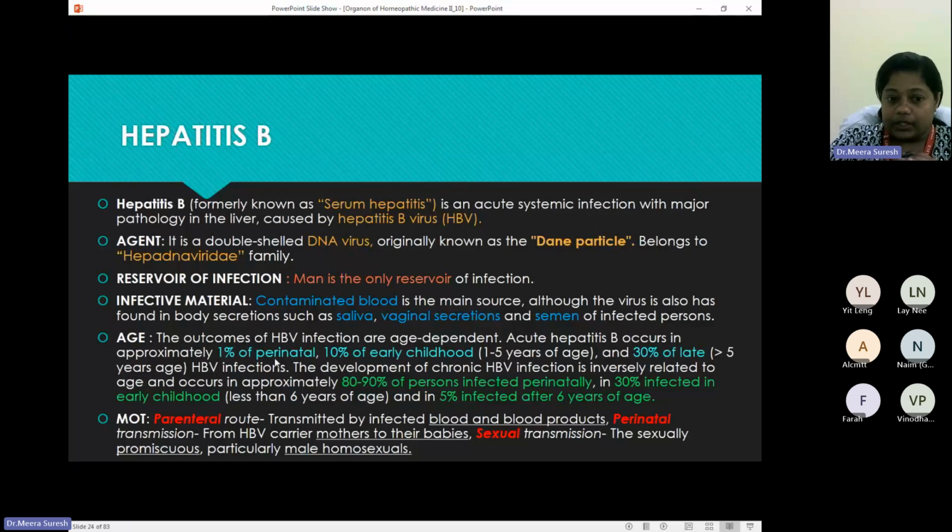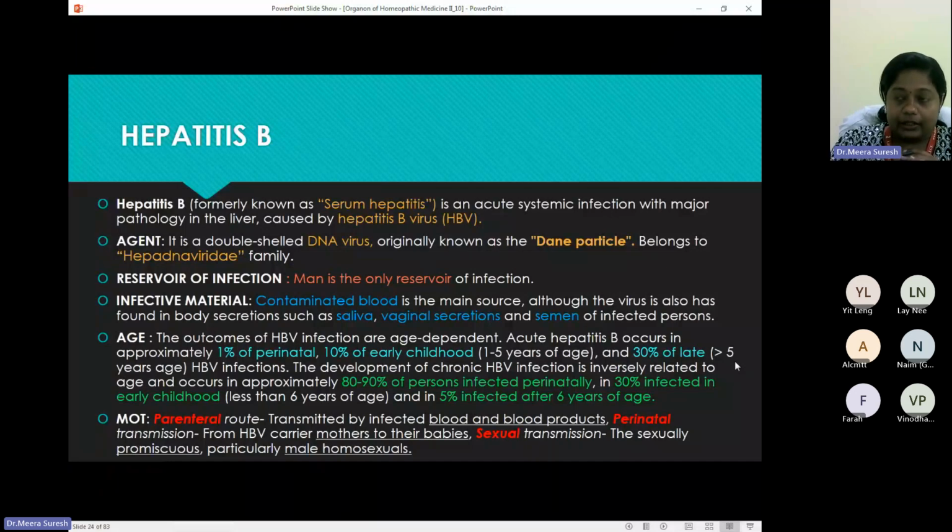That is 1% with HBV infection perinatally, 10% in early childhood, that is 1 to 5 years of age, and 30% in later years, that is more than 5 years. But when we go for chronic, hepatitis A and E are acute, B, C, D are chronic.